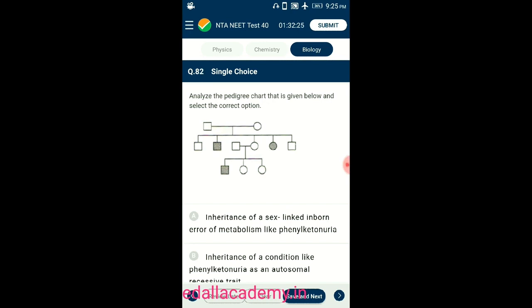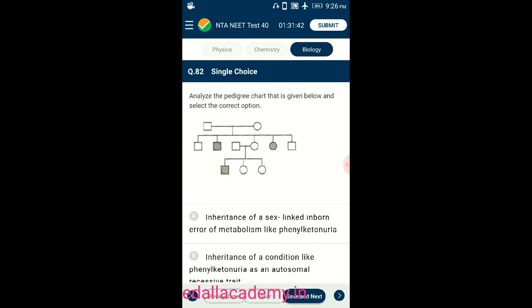Question number 82. Analyze the pedigree chart that is given below and select the correct option. Here the pedigree shows the inheritance of conditions such as phenylketonuria as an autosomal recessive trait. Since the parents are normal and children are affected, the disease is in recessive form. In the first generation, both males and females are equally affected.